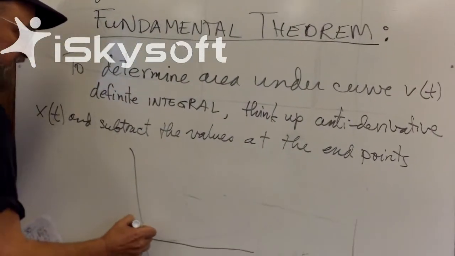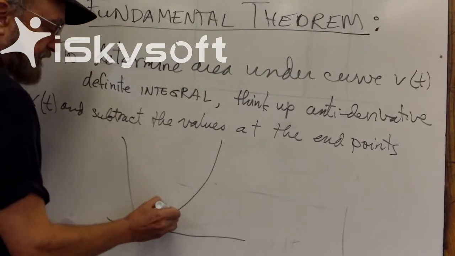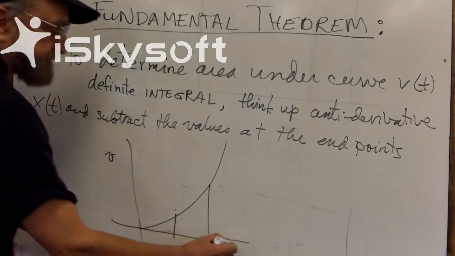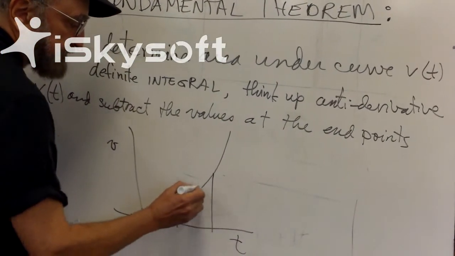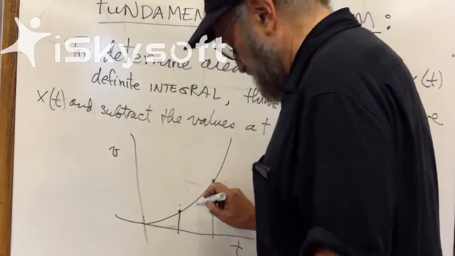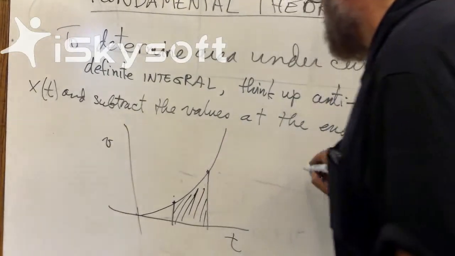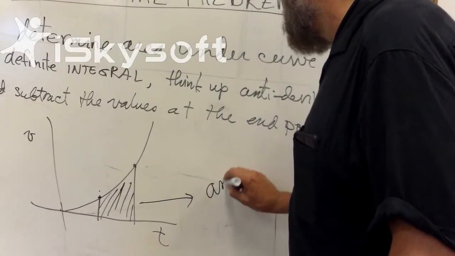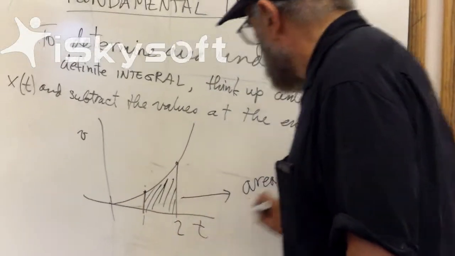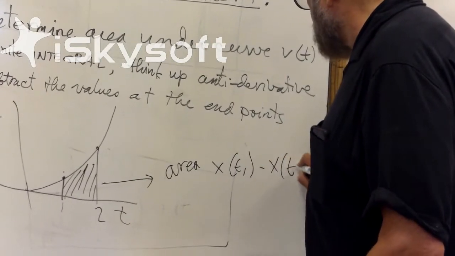So any curve v of t, if you knew x of t, the area under the curve here would be area equals x at t1 minus x at t2.